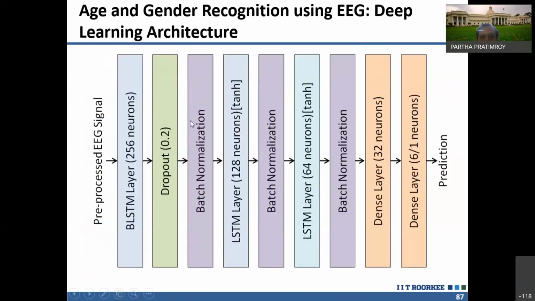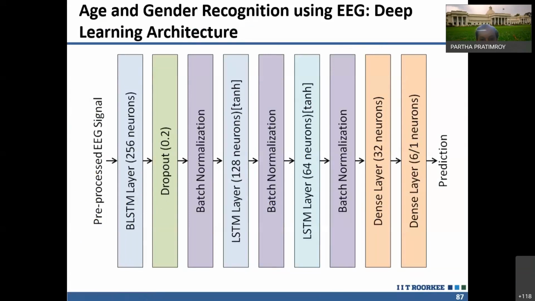So we use this deep learning architecture. After pre-processing, you have the EEG layer, then we use a BLSTM layer and some dropouts. Dropout is just to remove some nodes which are not important.